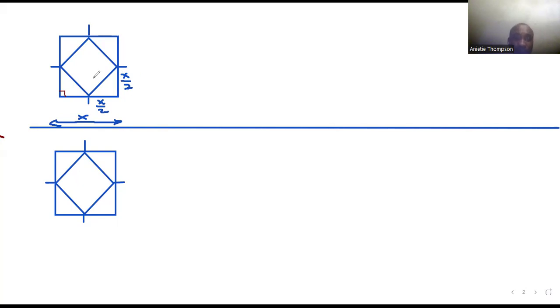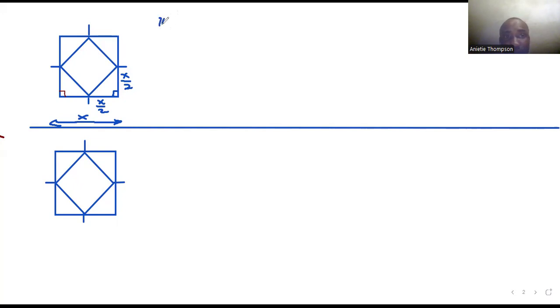If you look critically, you see that the hypotenuse here with the outer square forms a right angle triangle. That means to find the length of the inner square, we need to use the Pythagoras theorem.